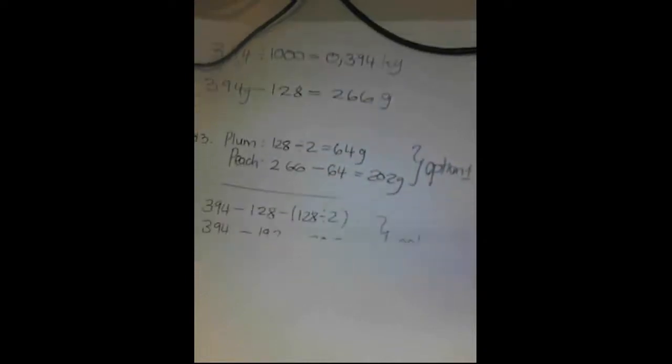The second option could be that you use your total value on the scale of 394 grams and you minus your 128, as well as minusing the, what was it now, the plum, which is half the mass of the pear.